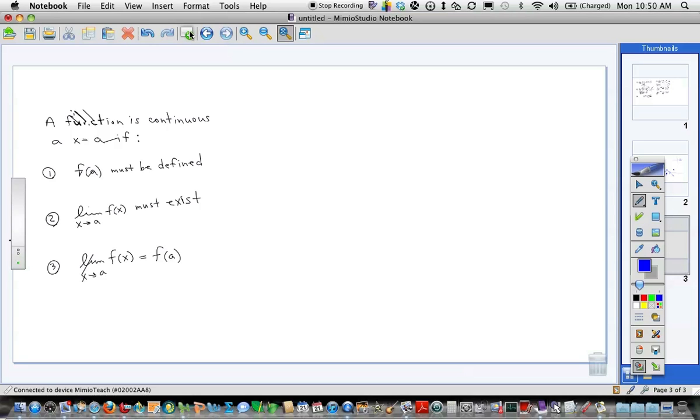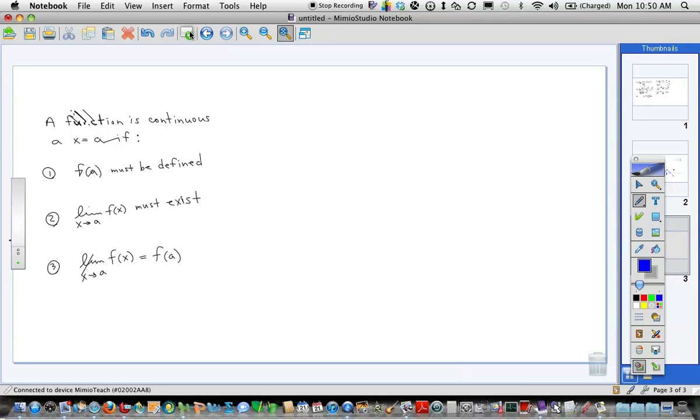The limit must exist. There must be a limit at that point. And then what the third one says is, if you've got an output and you've got a limit, then the two have to be the same. They have to be equal. If you have all those things at all the points, then the function's continuous. So this is the more formal definition of continuous. This is what I'm going to want you to reference.